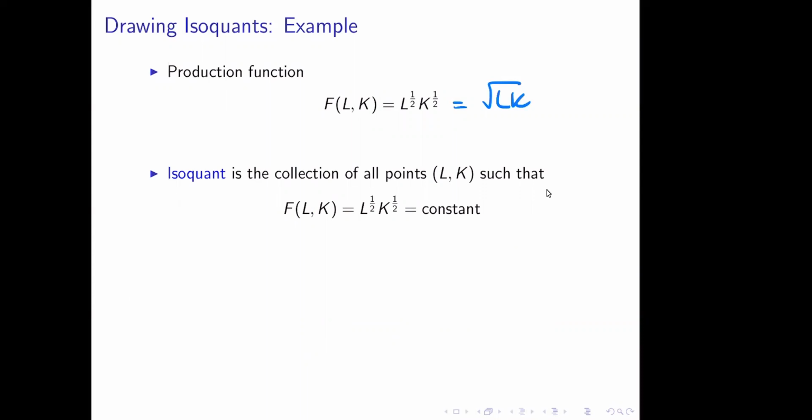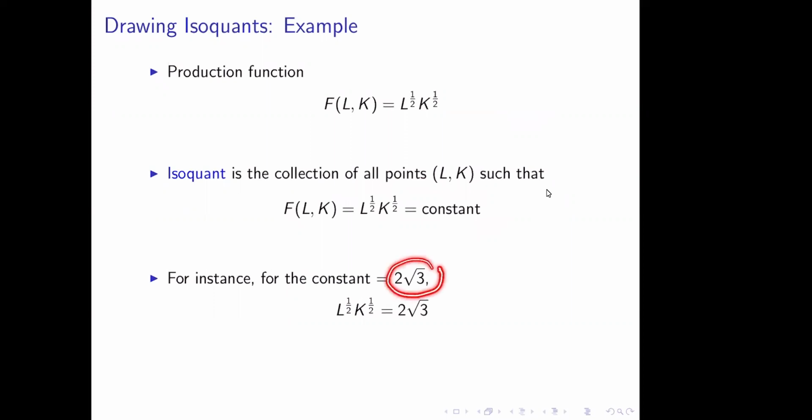To derive the isoquant function, we need to assume that all combinations of L and K must give you the same amount of output, which has to be a constant. Let's say that we assume the output is equal to 2 times the square root of 3. We call it Y1, for example.